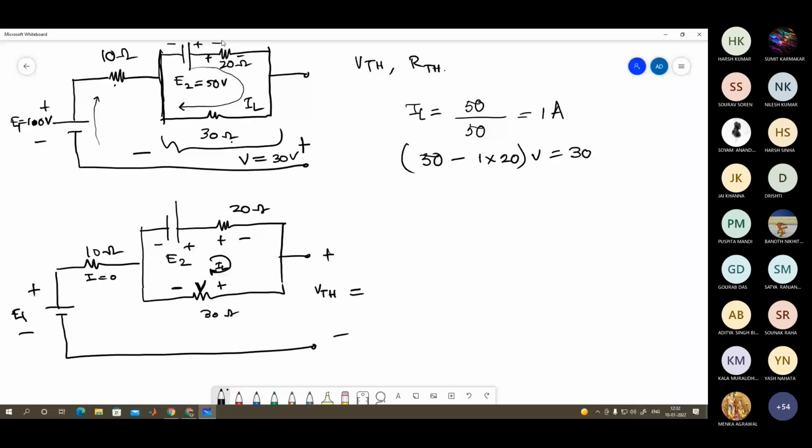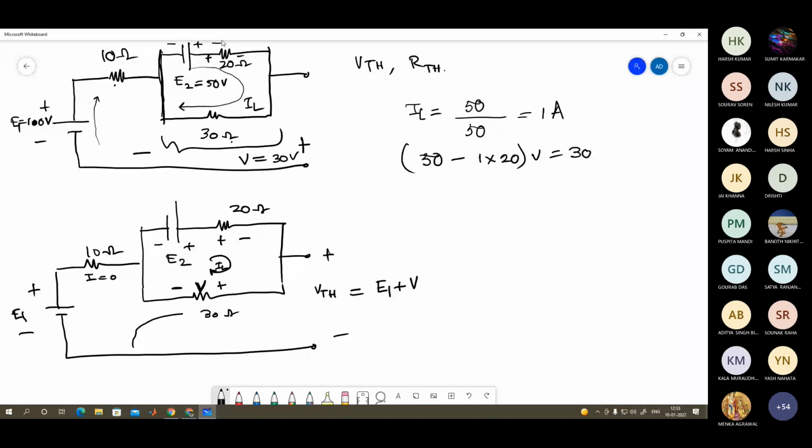This is your VTH here, because through this resistance no current is flowing, which means there should not be any drop. So you are getting E1 here, and then at this path, if no resistance is there, it is E2 only, E1 plus E2. But because of this loop current, there will be a drop across this 20 ohm resistor. Then what is the effective voltage across these two parallel paths?